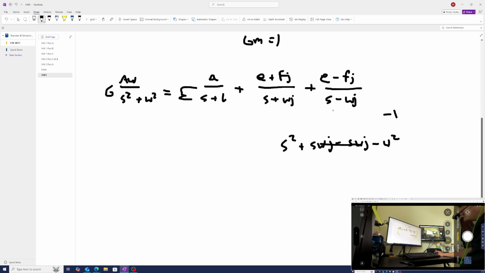And then our top we'll have to do as well. So we get ES minus EWj, and then we get plus SFj minus, which will end up being a plus, so we get minus minus plus FW.